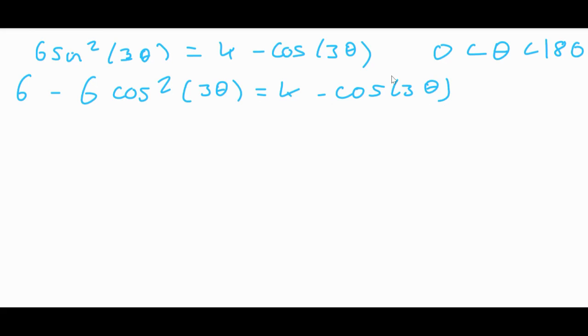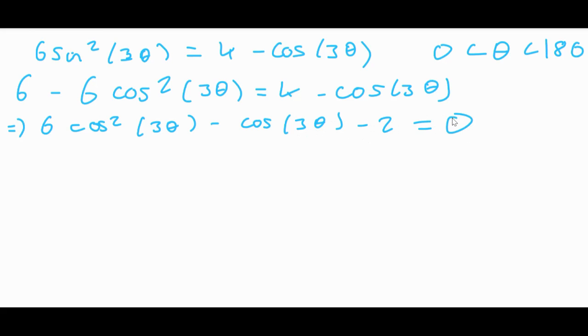Now we've got a quadratic in cos 3 theta. So we're going to write this in a slightly nicer form: 6 cos squared 3 theta minus cos 3 theta minus 2 is equal to 0.